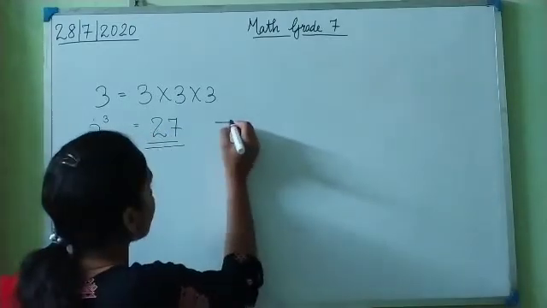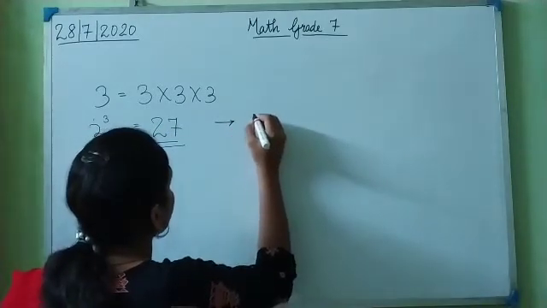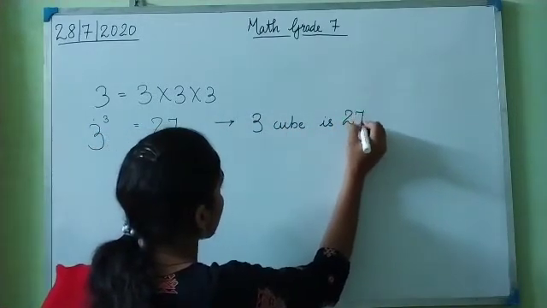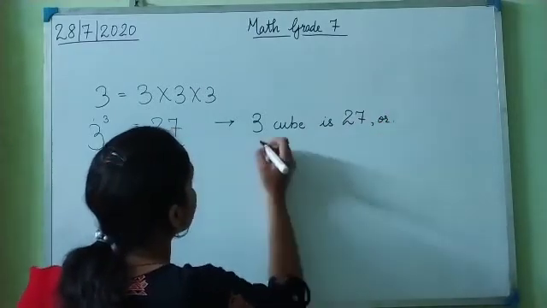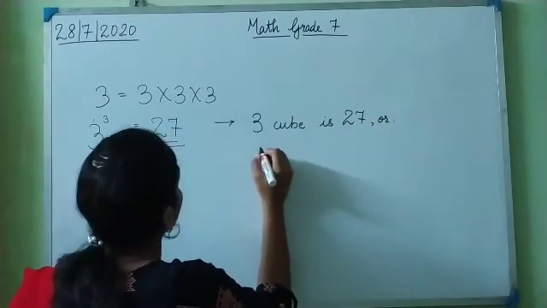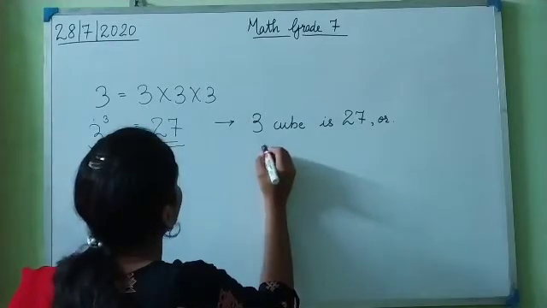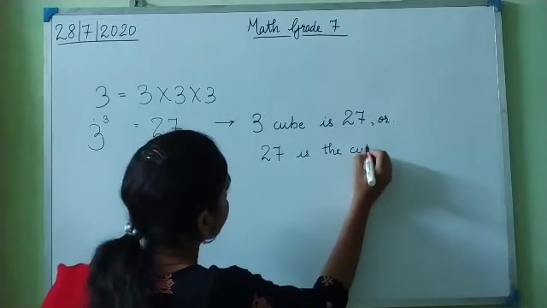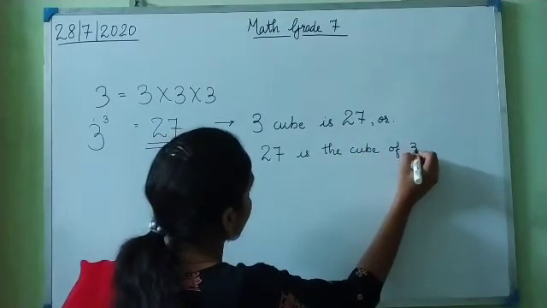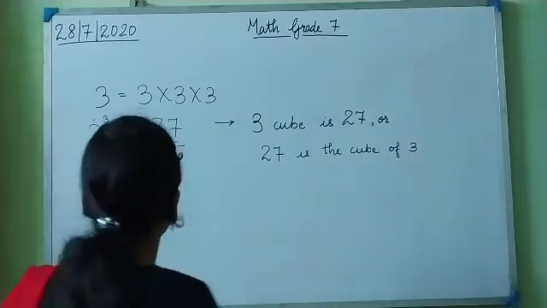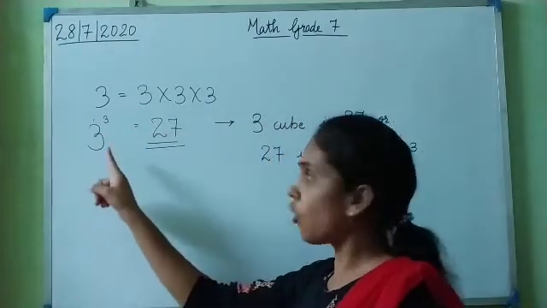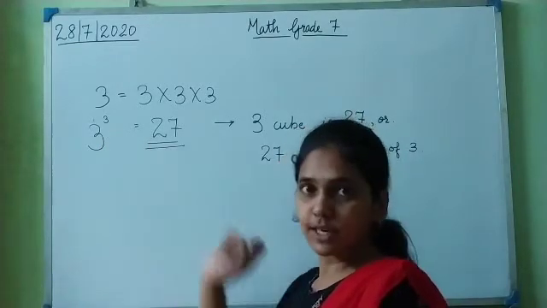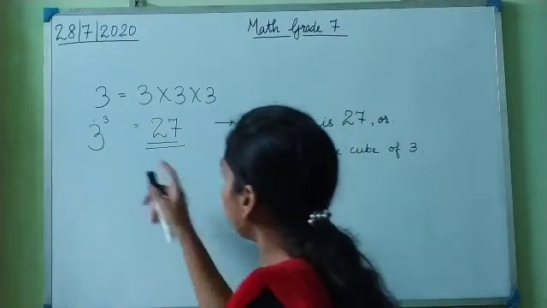We read this as 3 cube is 27, or 27 is the cube of 3. So this is about cube.